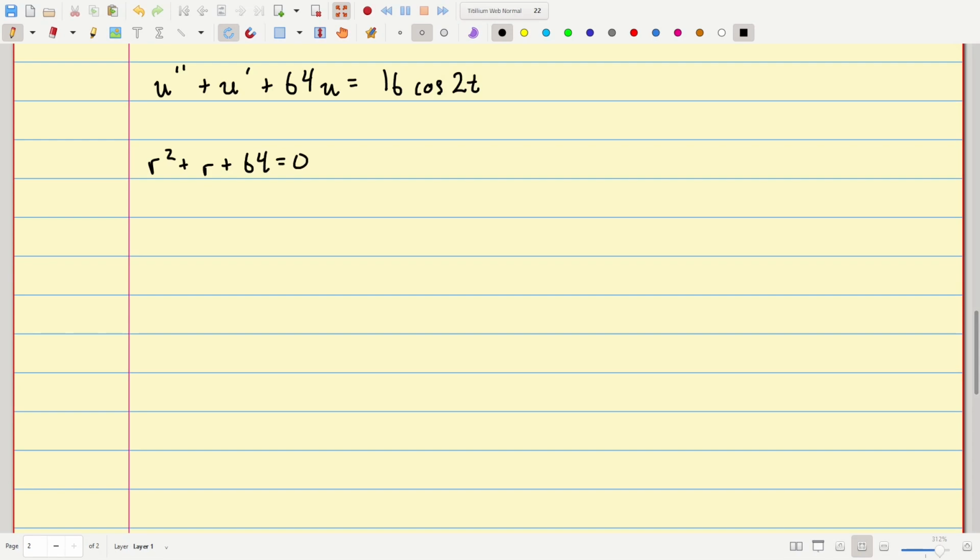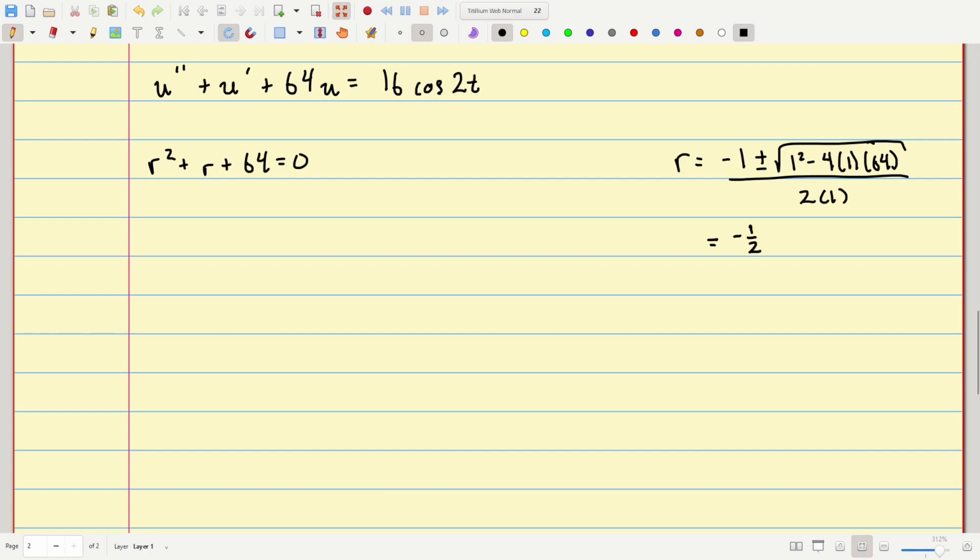We determine our characteristic equation. So r equals -1 plus or minus the square root of 1 squared minus 4 times 1 times 64, all over 2.